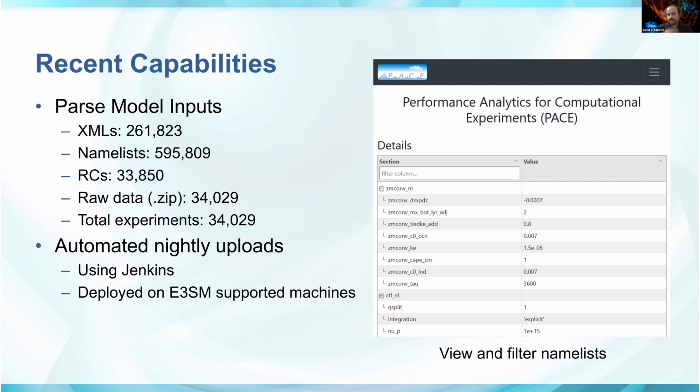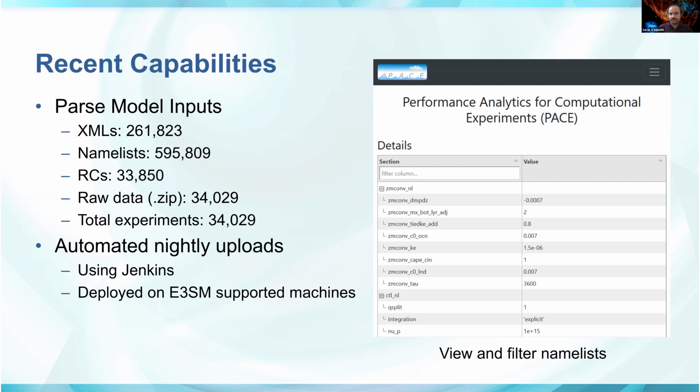This required setting up some service accounts on some of these machines because they have two-factor authentication requirements, and to work around those, we had to get some security permissions and deploy this automatic upload capability. This is now enabled on all the E3SM supported machines. So for all practical purposes, we capture every single E3SM experiment that is run on these supercomputers in the DOE landscape.